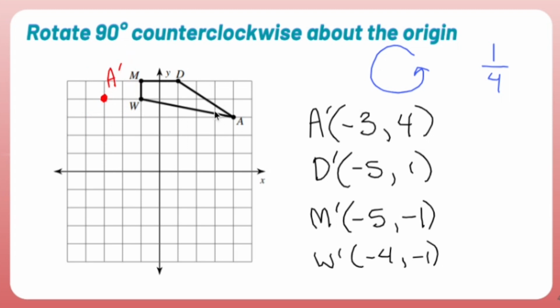So I'm starting to build my new image. That's my pre-image. Here's my new image. D prime is left 5, up 1. So I'm going to go left 1, 2, 3, 4, 5, up 1. That was D prime. M prime was -5, -1. In other words, left 5, down 1.